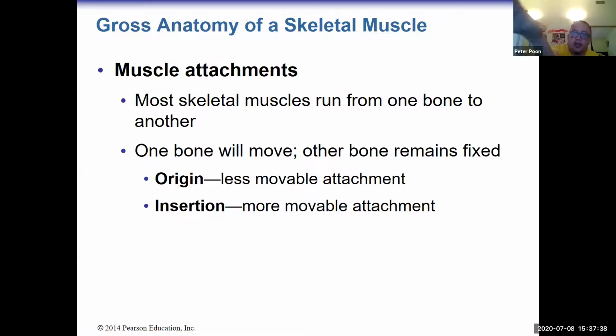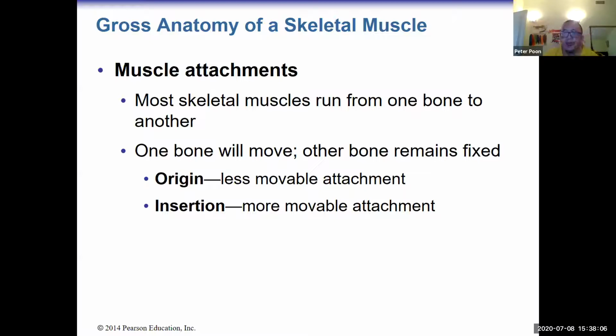Here I can flex my finger. When I flex my finger, the proximal phalange is moving and the metacarpal is not. So the insertion is the proximal phalange. The origin is the metacarpal.